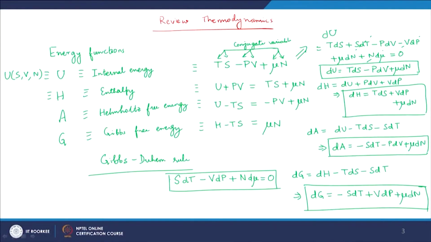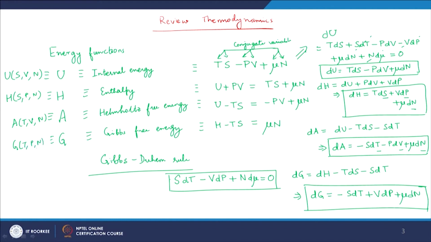Similarly, for H, now we have S, P, n. So, H is a function of S, P, n, A is a function of T, V, n, and G is a function of T, P, n.